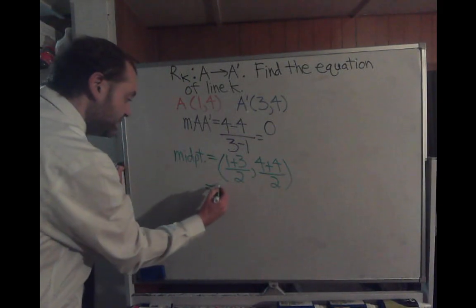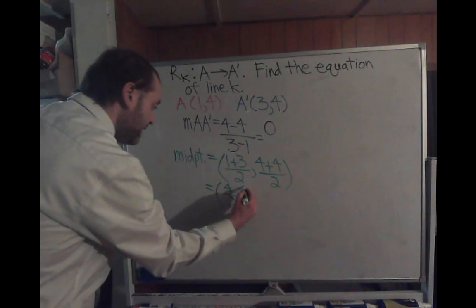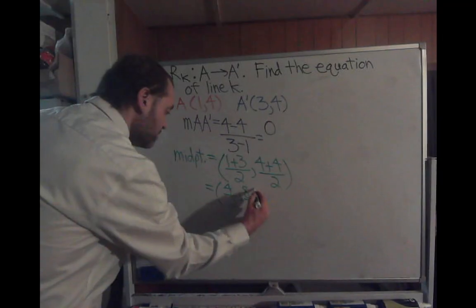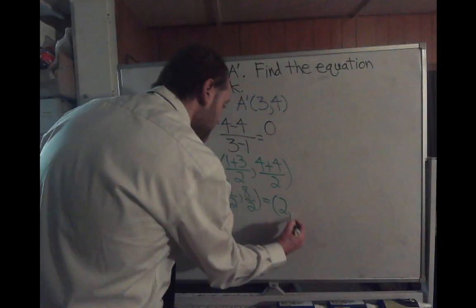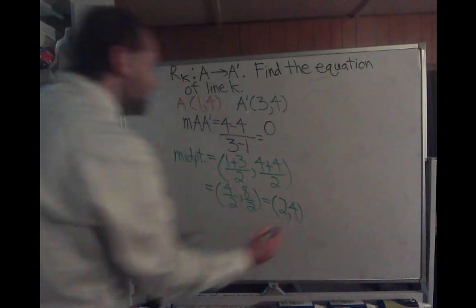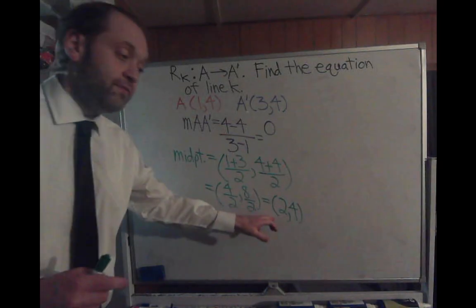So that's going to yield a midpoint of 4 over 2, 8 over 2, which would ultimately turn your midpoint into 2, 4. The midpoint of this segment is at 2, 4, which means the perpendicular bisector of that segment has to pass through the point 2, 4.